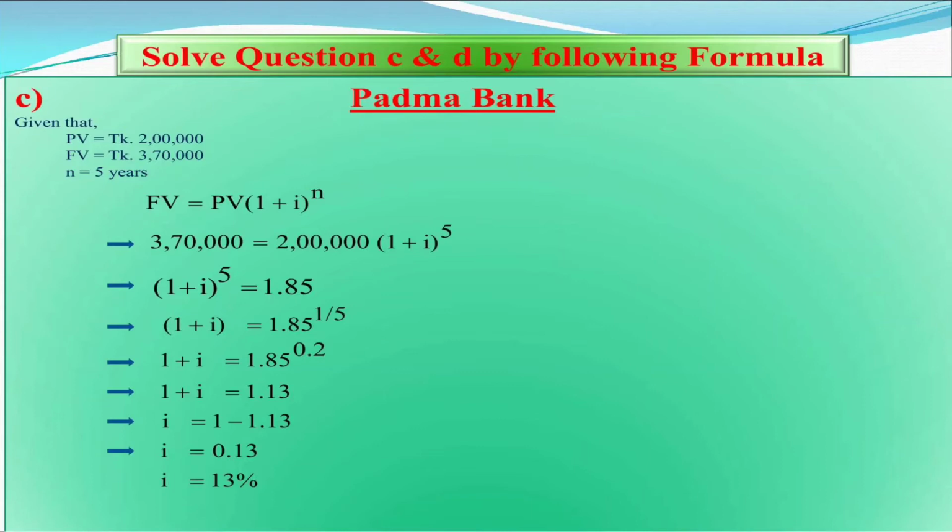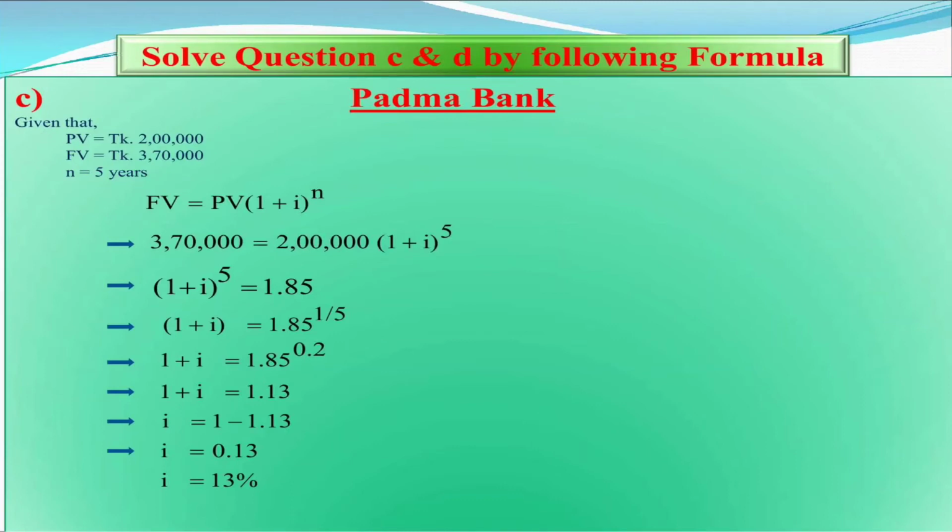So now 1 plus I equals 1.85, with the power 5. If we change sides, the 5 becomes 1 divided by 5 on the right side. So 1 plus I equals 1.85 to the power 1 divided by 5, which is 0.2, since 1 divided by 5 is 0.2.